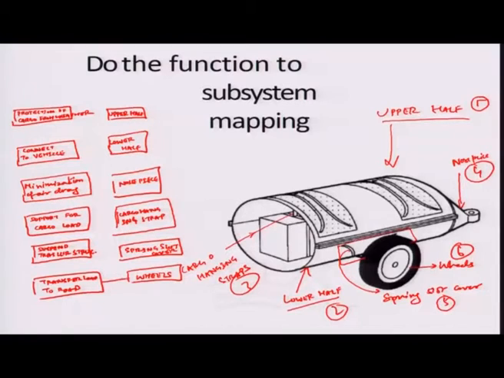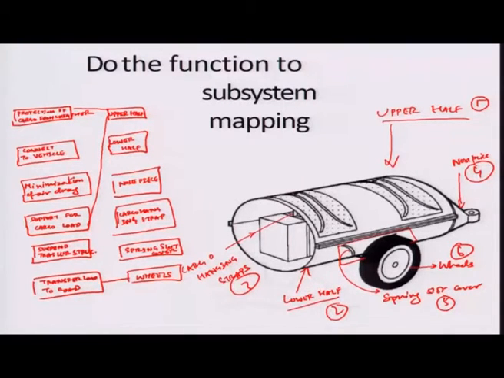So, obviously, the wheels are the ones which will transfer the whole load to the road, but if I looked at the other elements, you will see that there are multiple functionalities being done by different elements. For example, the upper half in this case not only protects the cargo from weather, but it also helps in supporting the cargo. Remember that there is a strap through which the cargo hangs on the upper half, okay.